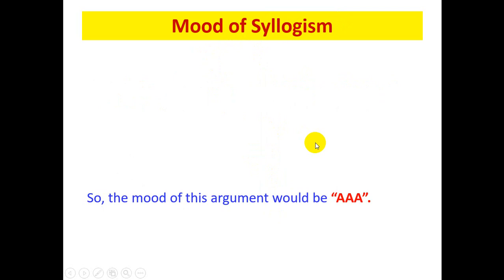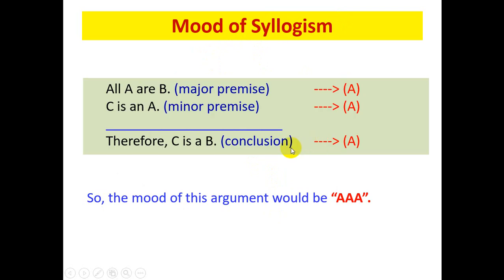Let's have an example here. When we say all A are B, this is the major premise. C is an A, this is the minor premise. Therefore, C is a B, this is the conclusion. So this, all A are B, what type is this?